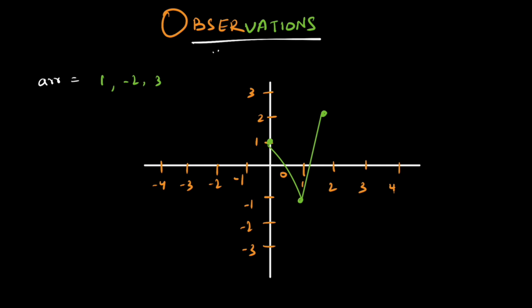So when we consider the whole array as a subarray, what is the maximum sum that we got? The sum is 2, right? But is 2 the maximum subarray? No, because if we had just considered 3 and plotted a point, then 3 would be somewhere here, right? And the maximum sum would have been 3. So 3 individually is the maximum sum subarray of this whole array.